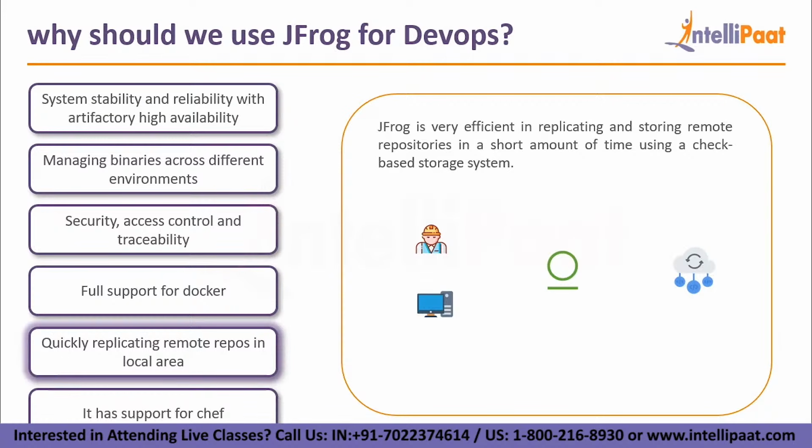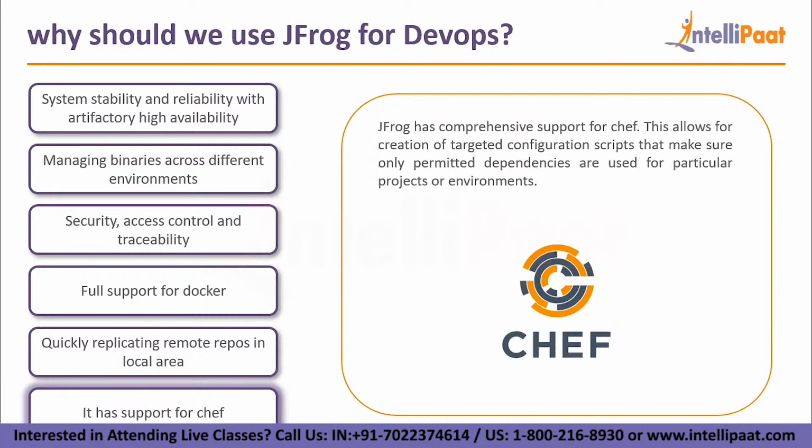JFrog is very efficient in replicating and storing remote repositories in a short amount of time using a checksum-based storage system. If one of the tools in your code pipeline wants a remote repository for functioning, then you can easily ask JFrog for it, and JFrog can replicate that repository and store it in a local server for future use.